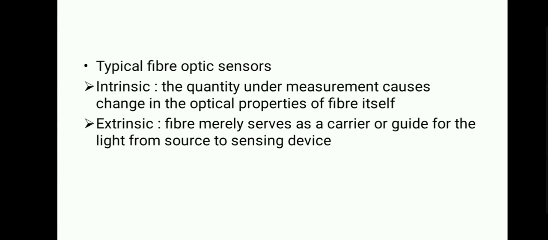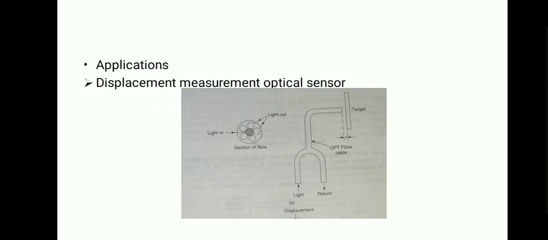That is the difference between intrinsic and extrinsic. In intrinsic, the fiber itself acts as a sensing device and its properties change, whereas in extrinsic, the optical beam undergoes the change in properties, and the fiber just acts as the carrier.